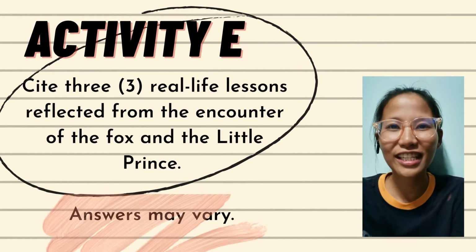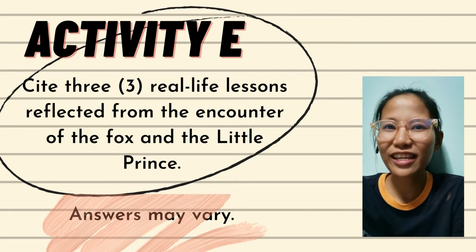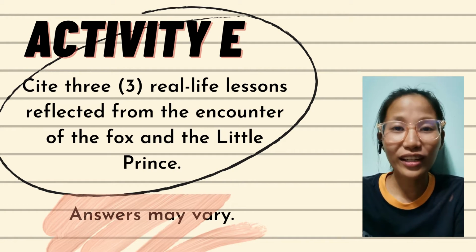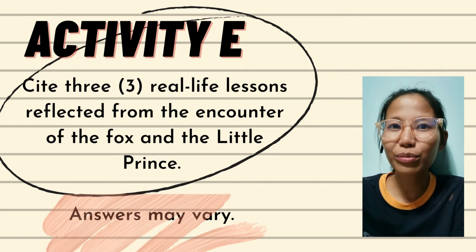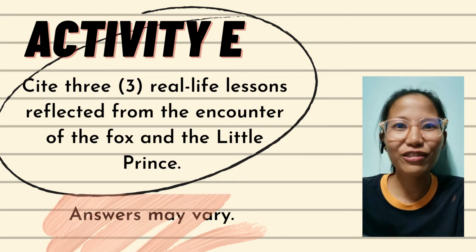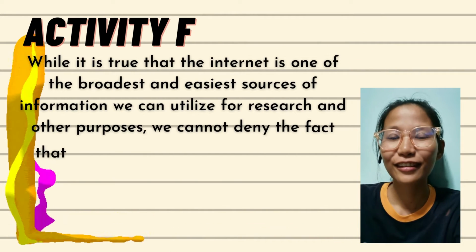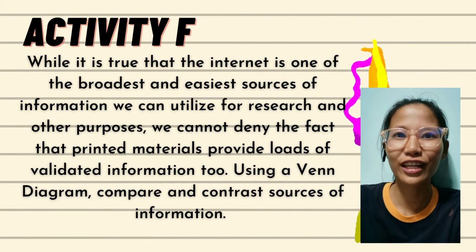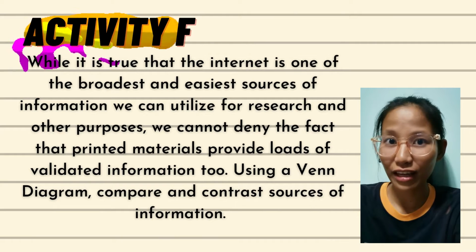Next, for Activity Letter E, you will be given a chance to relate the story of the Little Prince to a real-life situation. Moving on, for Activity Letter F, you will use a Venn diagram.